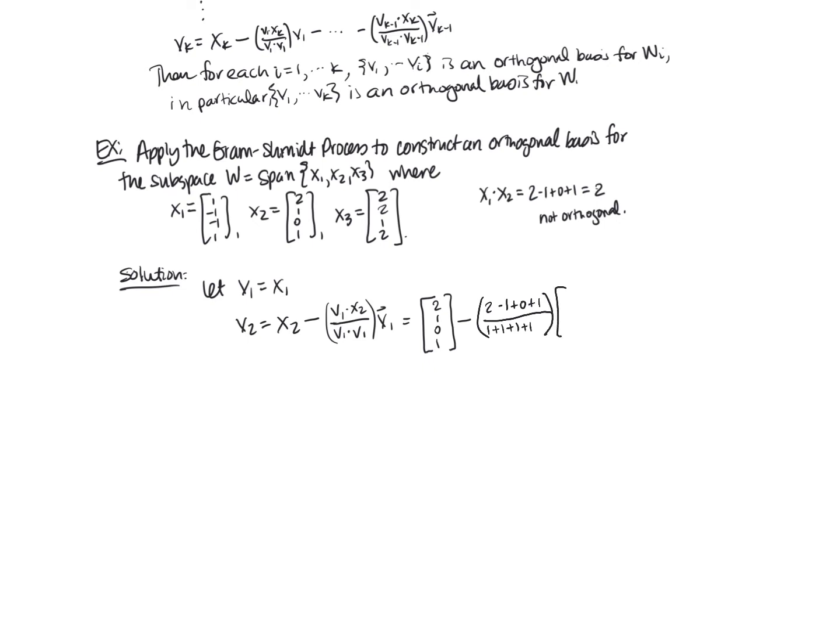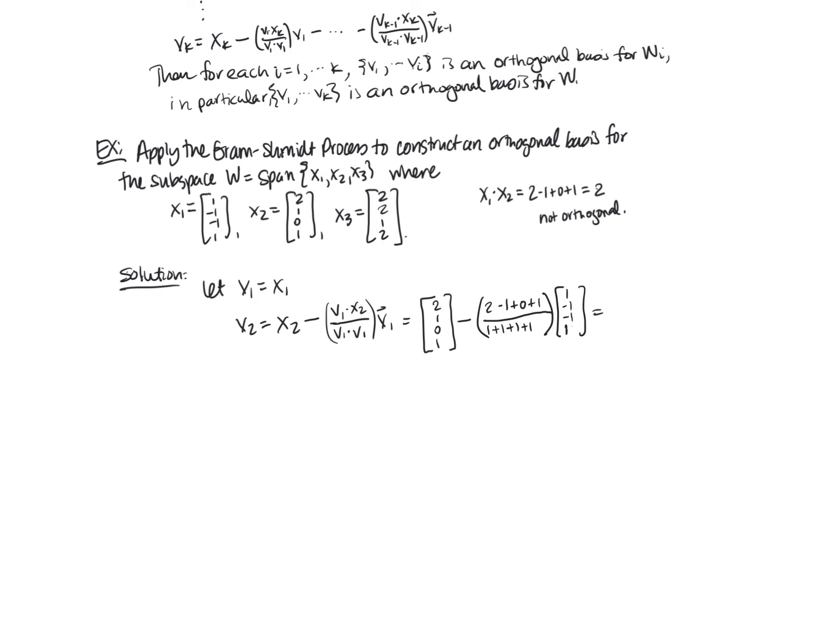And I'm going to multiply that by V1, which is x1, so (1, -1, -1, 1).